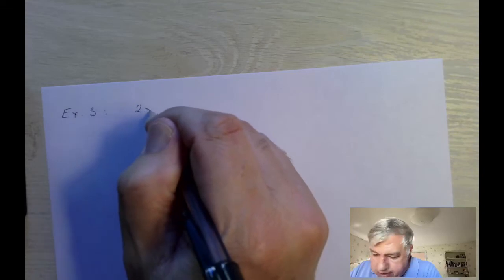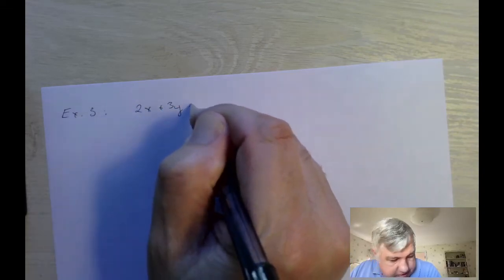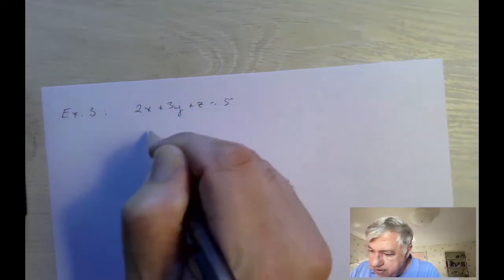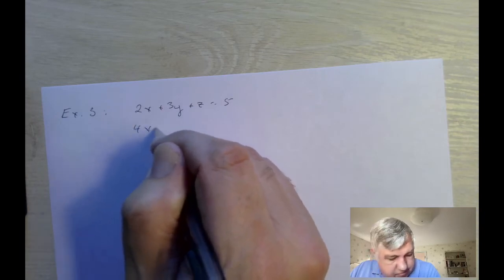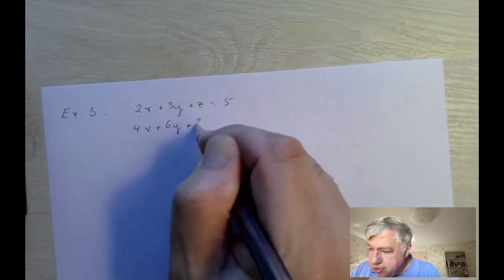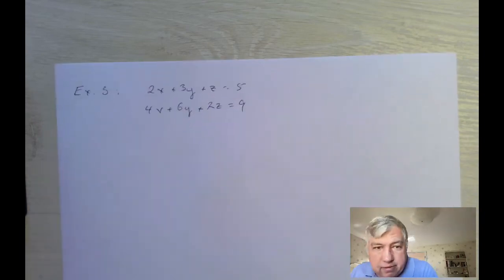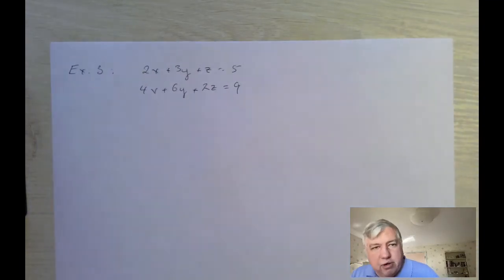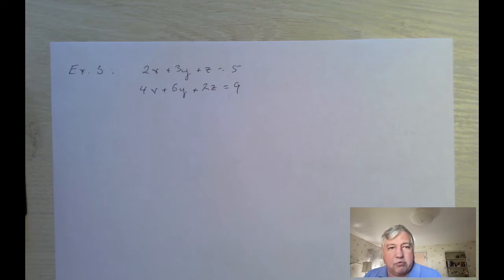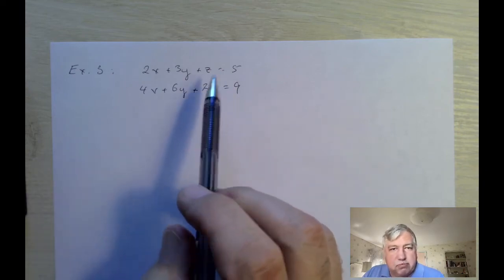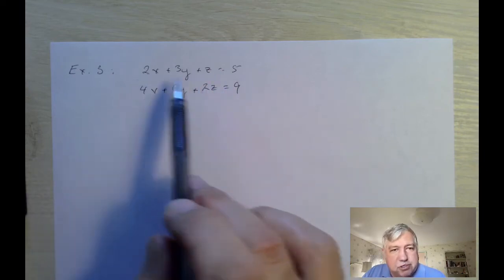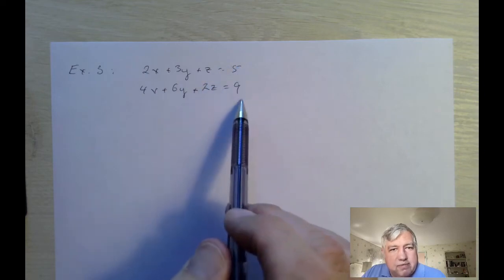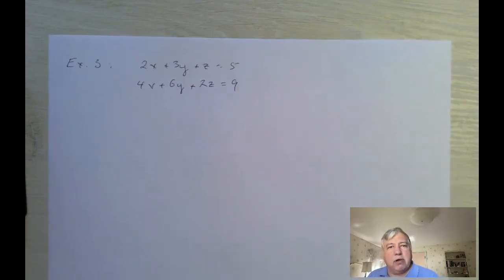Let's say we had 2x plus 3y plus z equals 5, and then 4x plus 6y plus 2z equals 9. Now, some of you might recognize that these coefficients are twice the first equation's, but 9 is not twice 5. So from this you might see that there is no solution.